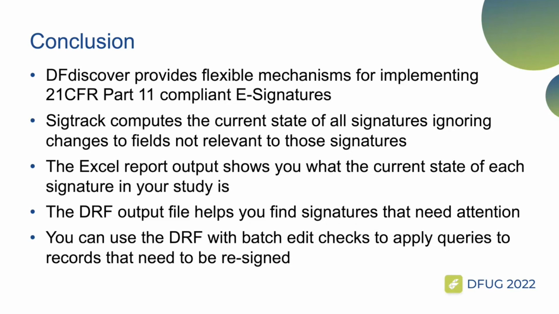The Excel report that it produces shows you what the current state of each signature in your study is and color codes them so you can quickly zoom in on the ones that you need to deal with. The DRF file helps you find the signatures that need attention, and you can use that file with batch edit checks to apply queries to records that need to be re-signed. So this works for both edit check based ones and the DFdiscover ones, although the DFdiscover ones will be blank, so you could always find those another way.